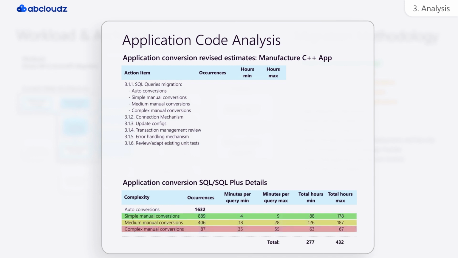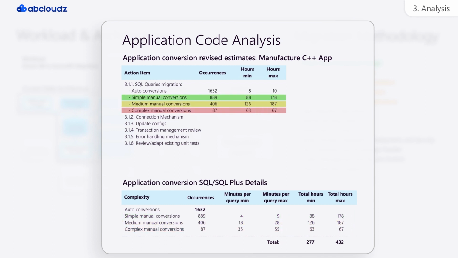Our technical team carefully reviews and refines these estimates before incorporating them into revised conversion estimates for the respective applications. Note that the estimates account for time spent on validating objects that are automatically converted by WSSCT. This is the combined effort estimate for both manual and automatic conversion of the application's SQL queries to the database.